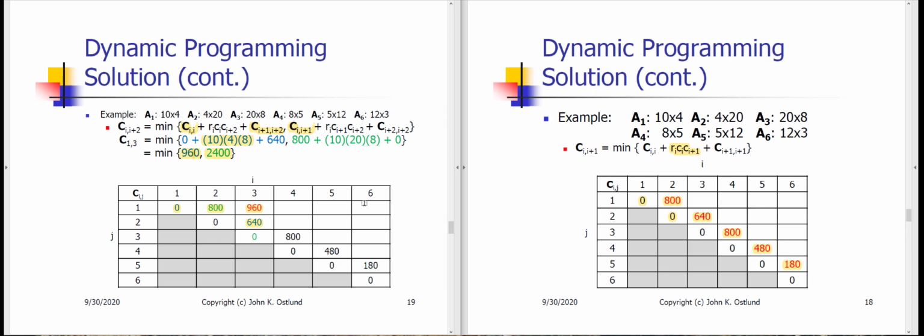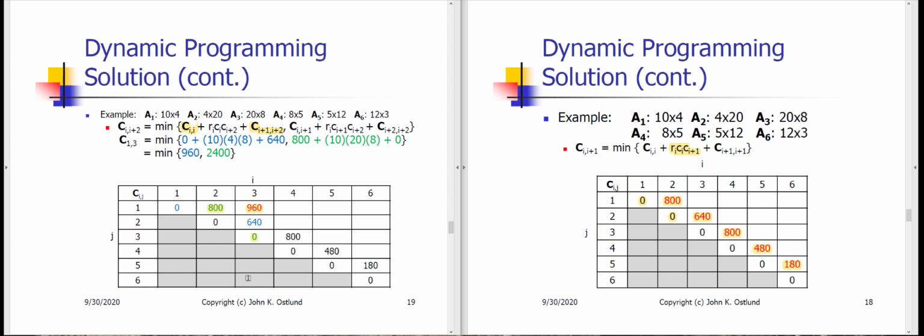And let me erase some of this highlighting now so that I can point out important things. That is, in order to get this value of 960 here, we used 0 plus 640 plus a product of three known dimensions. We also used 800 plus 0 plus a product of three known dimensions.